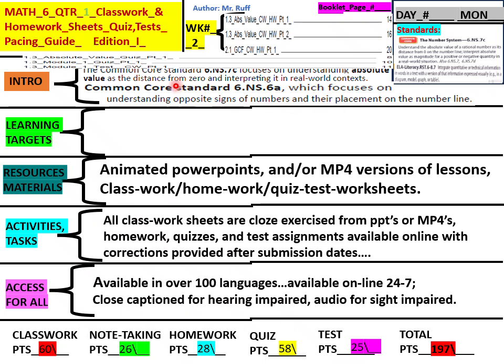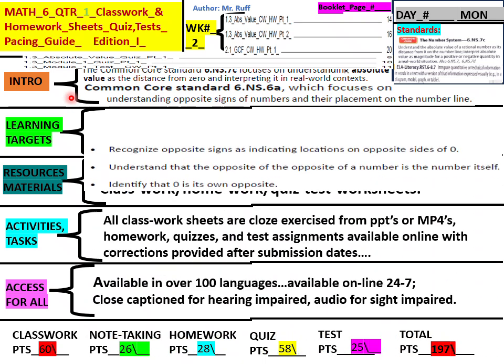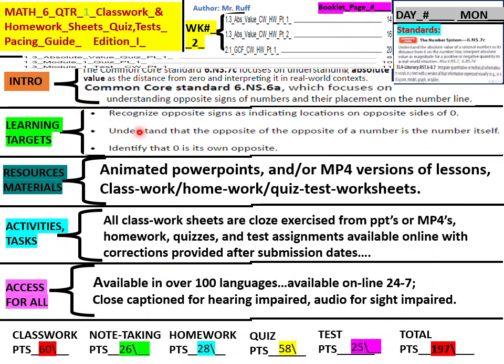So that's basically the standards we cover here. And then the learning targets in Week 2 are: recognize opposite signs as indicating locations on opposite sides of 0. Understand that the opposite of the opposite of a number is the number itself. And finally, identify that 0 is its own opposite.